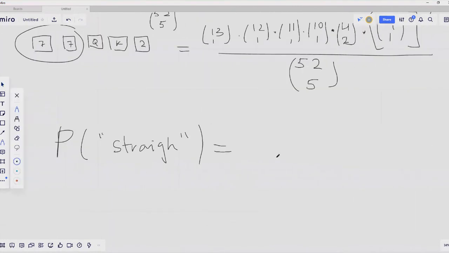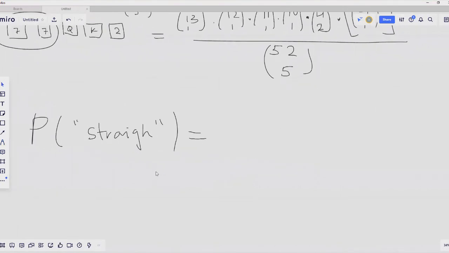So a straight is a case when we have 5 cards that are consecutive in denominations, but not all in the same suit.